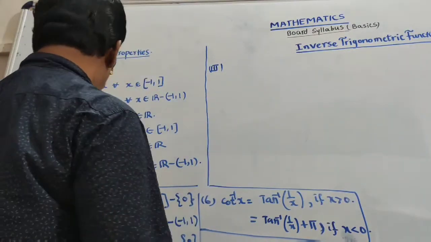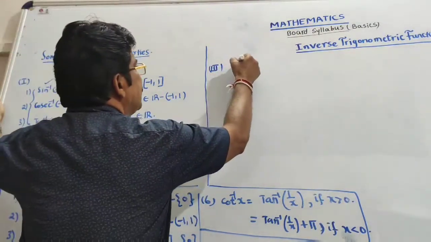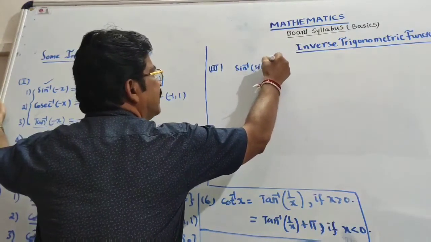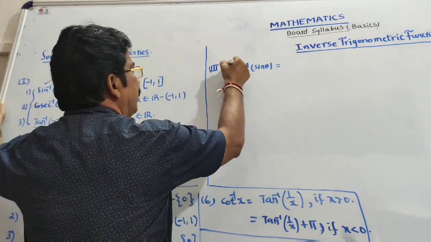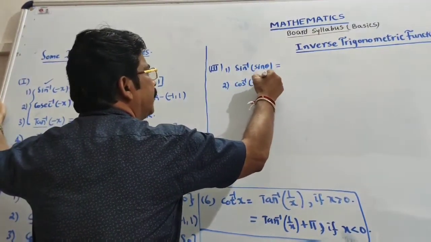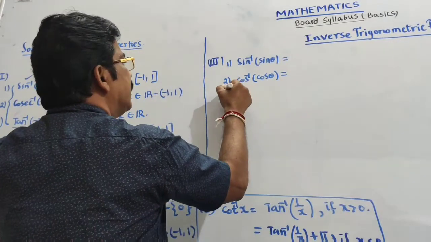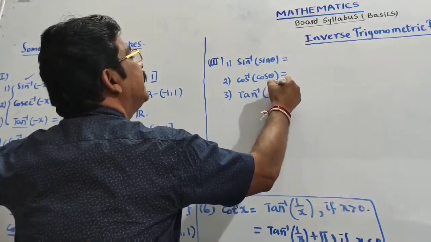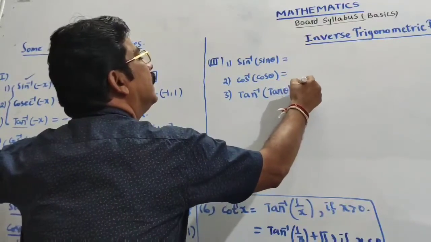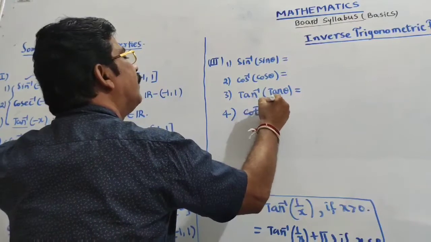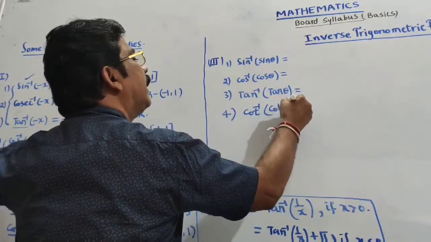Here, number 1, sin inverse of sin theta. Number 2, cos inverse of cos theta. Number 3, tan inverse of tan theta. Number 4, cot inverse of cot theta.